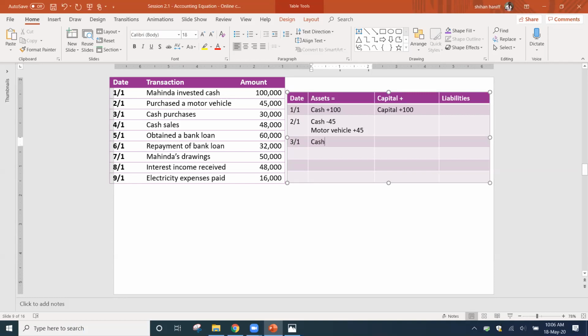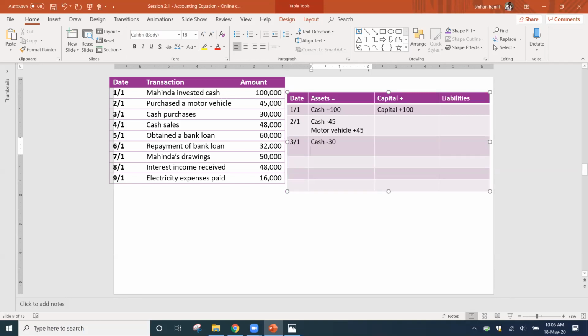We are giving cash, cash minus 30,000, and purchases. So what happens when we purchase? We get stock. Stock will increase by 30,000. Cash given, stock received.